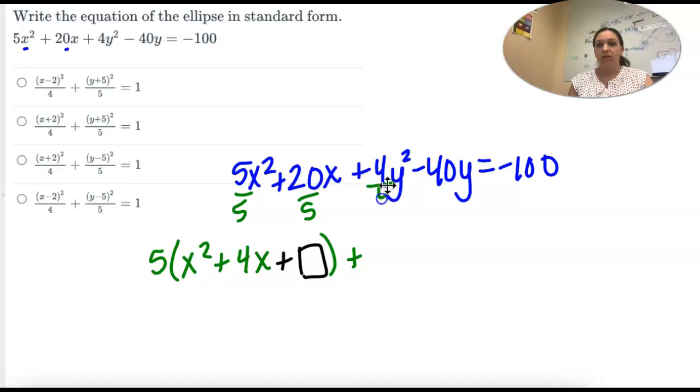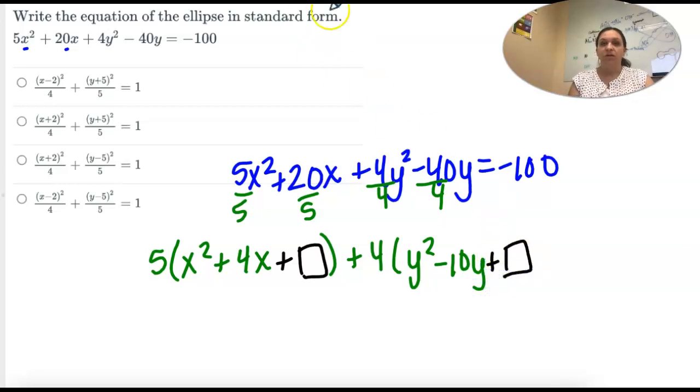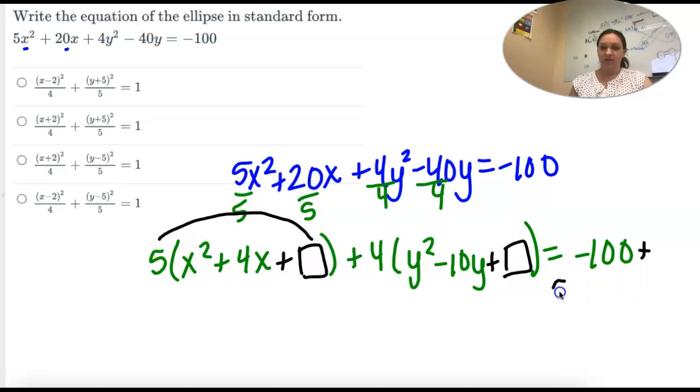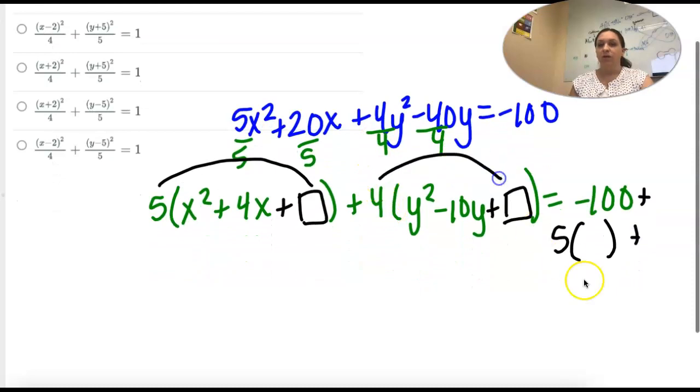Same thing with the y. Take the number by y squared, distributive property backwards, and then leave space to complete the square. Equals -100 plus, so this is going to be 5 times whatever number that is, and then 4 times whatever number that is.